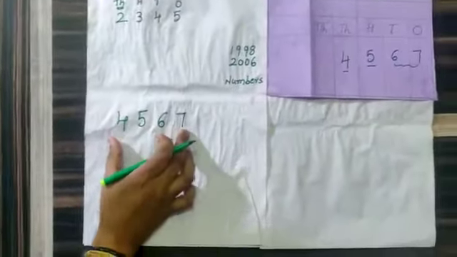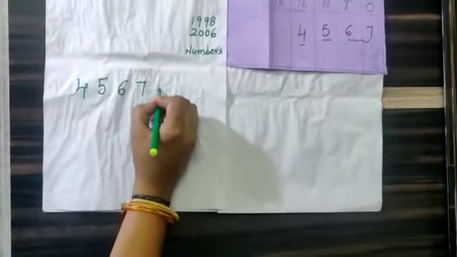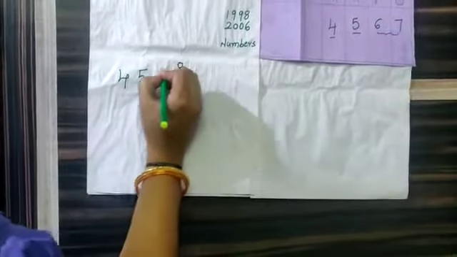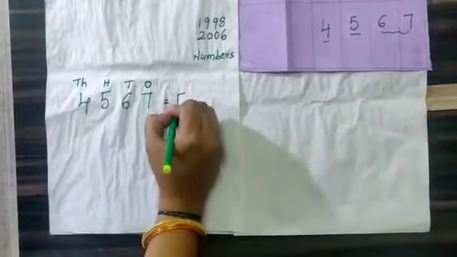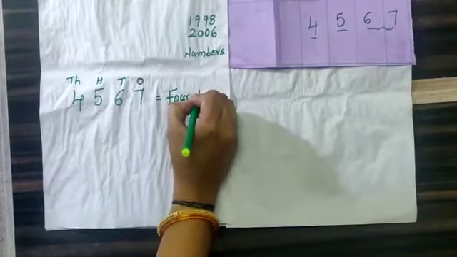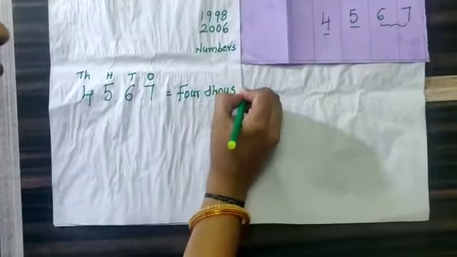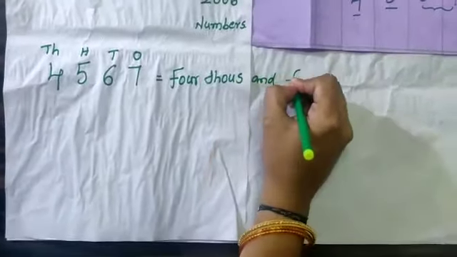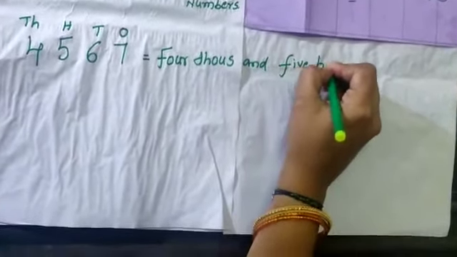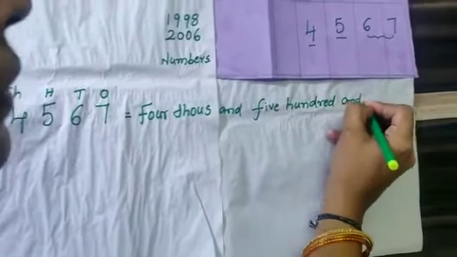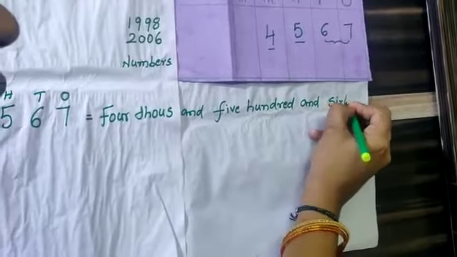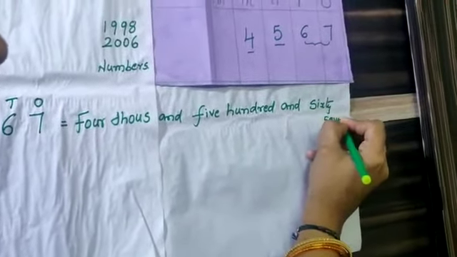If you take the same example here, we can write this 4-digit number in word form. So, how to write? This is ones place, tens place, hundreds place and thousands place. How to read? 4,000 500 and 67.